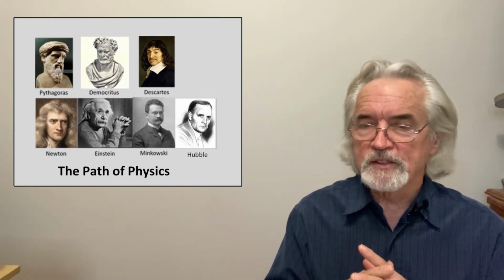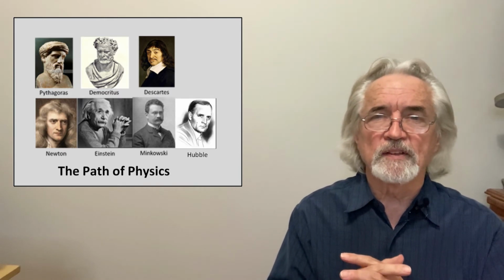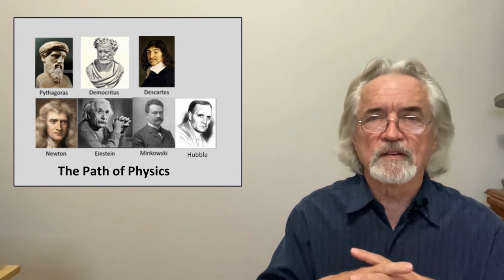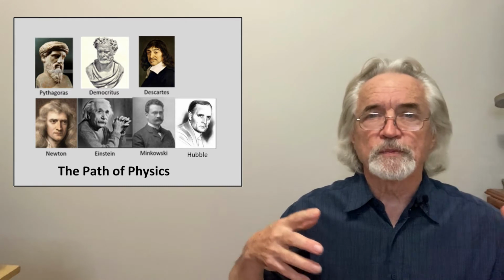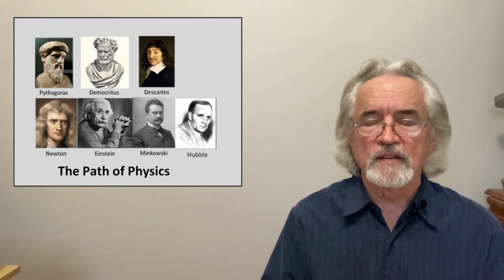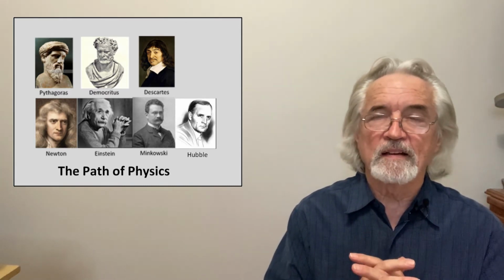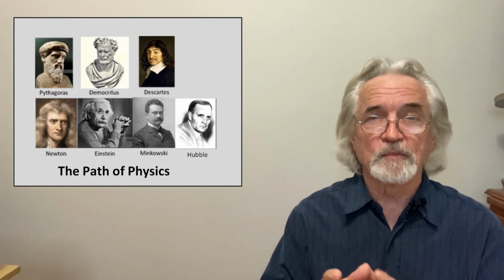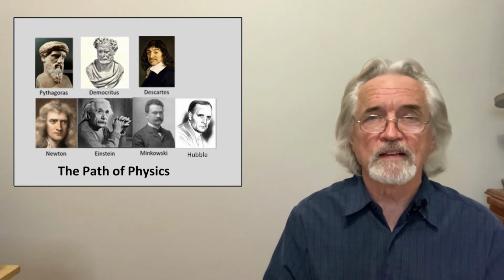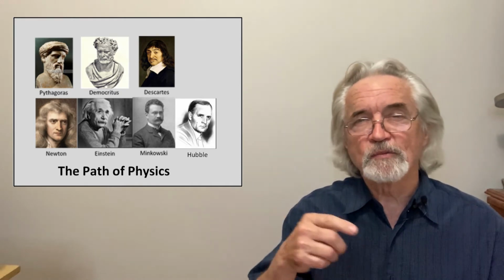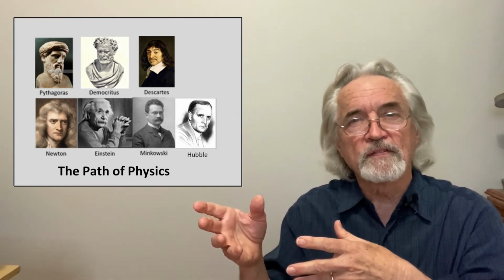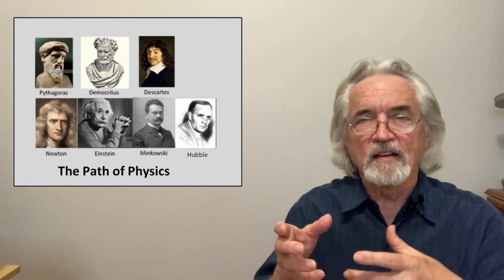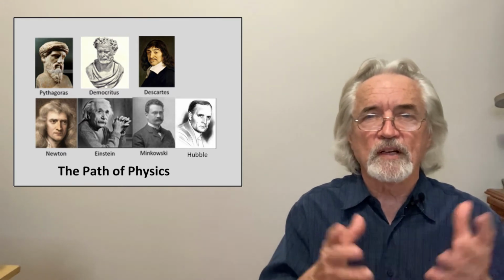Hubble is the one who first discovered that the distant galaxies are all expanding from each other. And he didn't do that with the Hubble telescope, but the Hubble telescope was named after him because of that discovery. So this is the main path of physics that gives us our story today of what our universe is like.